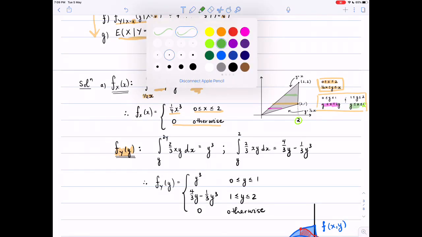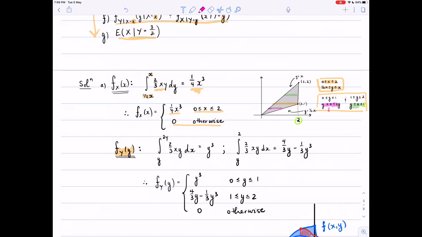The first one is from y to 2y. If we're integrating out the x from y to 2y of the density, we get y cubed. But that is only valid from 0 to 1. So y cubed from 0 to 1. On the next region, which was from y to 2, integrate out the x of the density, and you end up getting this.